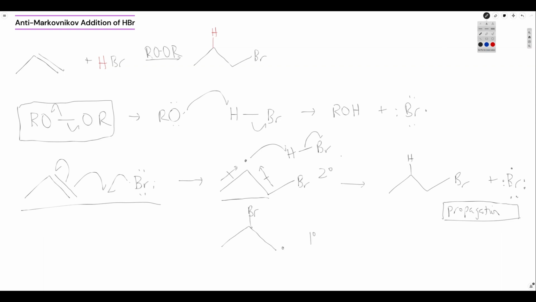But the point I would try to highlight here is that in both cases, the reactive intermediate is situated at the more substituted position, because the more substituted position results in the more stabilized reactive intermediate, whether that's a carbocation or a radical. So the principle is the same in either case. And so that's anti-Markovnikov addition of HBr across a double bond with peroxides. And like I said, we'll talk more about the radical mechanism itself in another video.